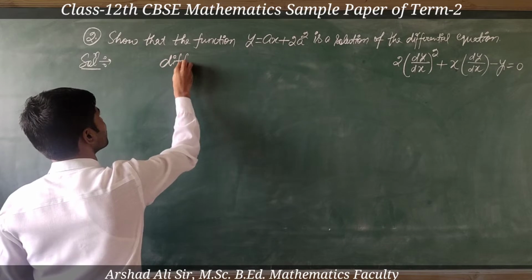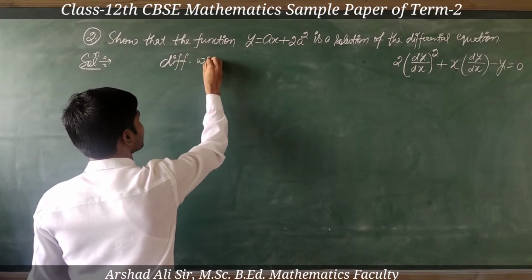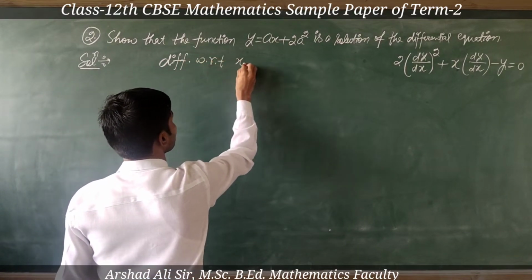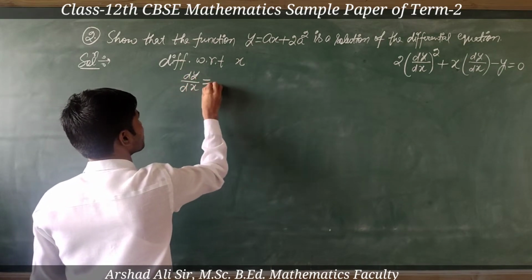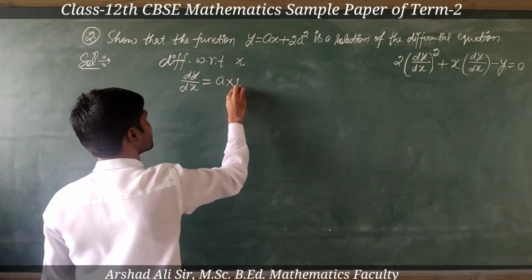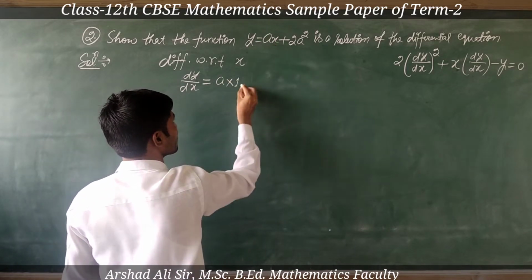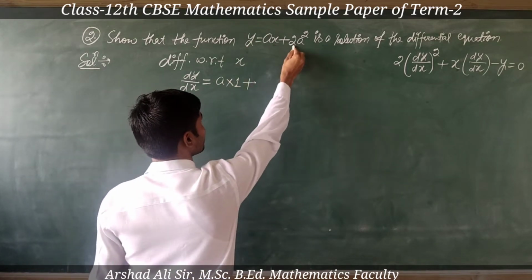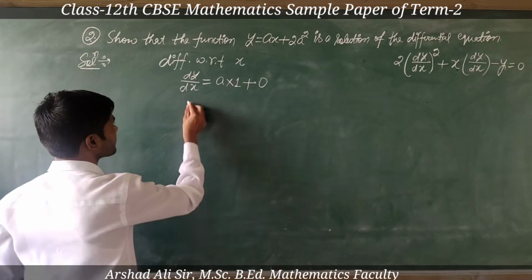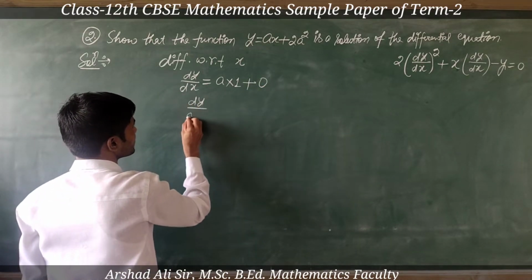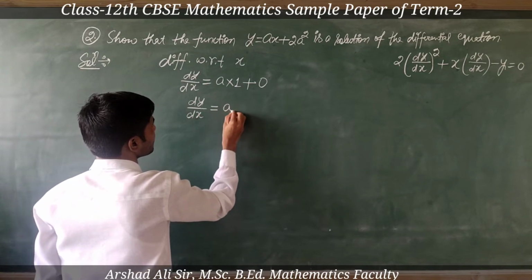Differentiate with respect to x: dy/dx = a multiplied by 1, differentiation of x being 1, plus 2a² is a constant, its differentiation will be 0. So we can write dy/dx = a.